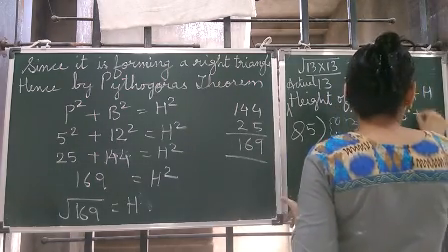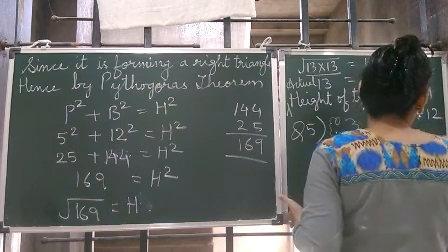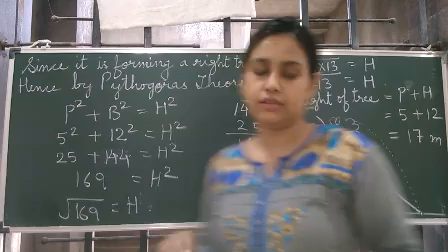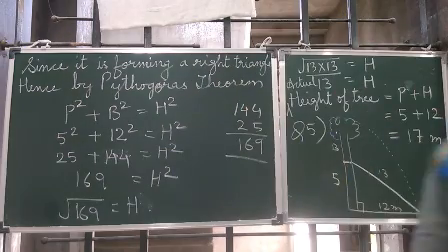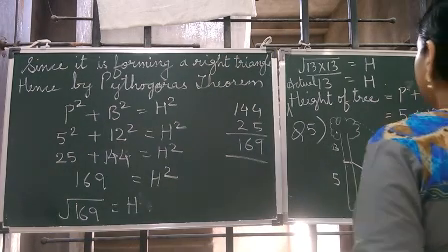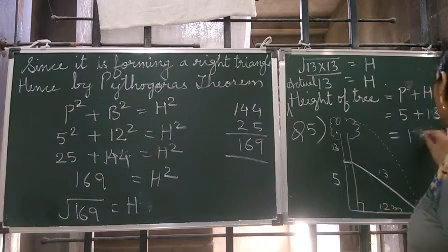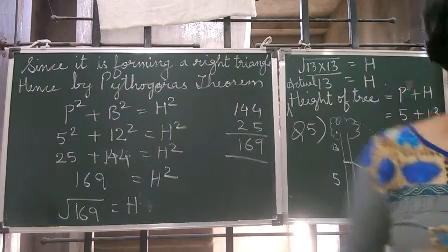So 5 plus 13, sorry, the answer is 18 meters.